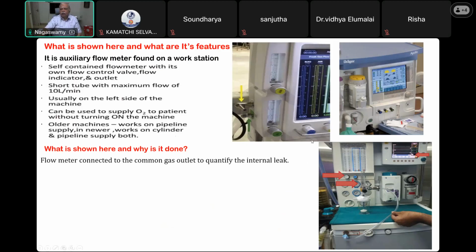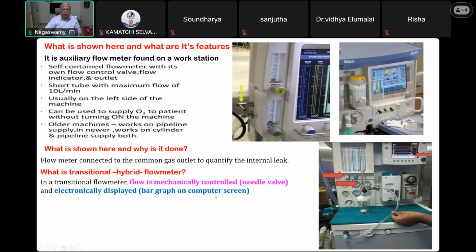And the third one is what is called the transitional hybrid flow meter. That is because of the newer thing. So here, what is the difference you are seeing in this flow meter assembly? It is a combination, mechanically controlled with a needle valve. You can see all the knobs are here, but the display is electronic, a bar graph on the computer screen.